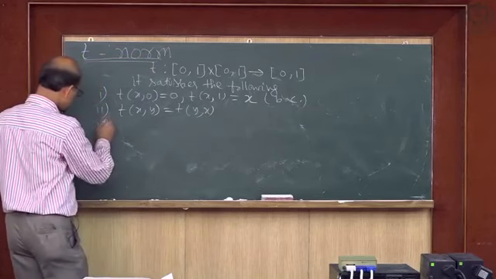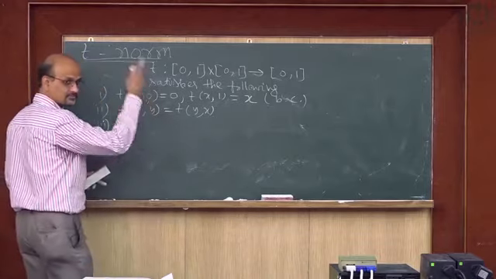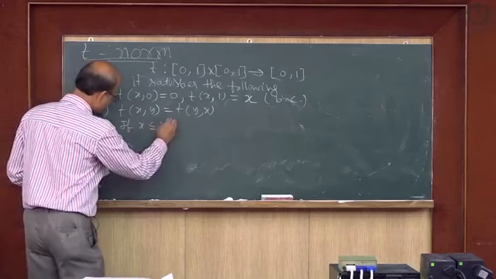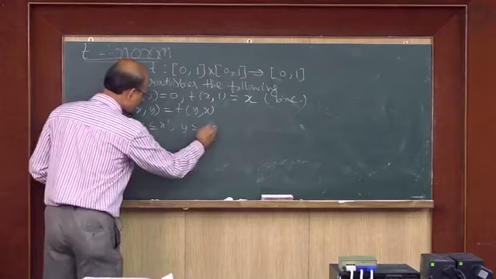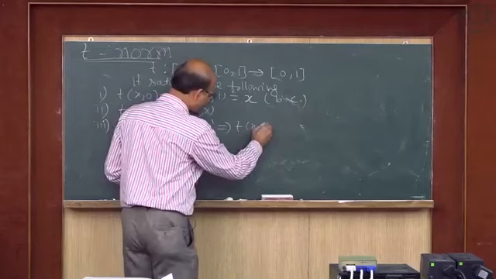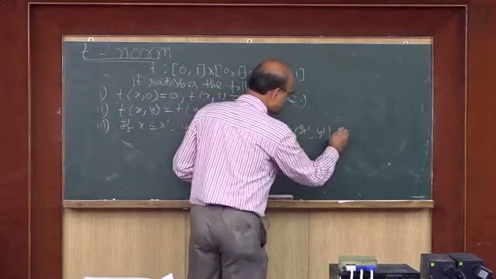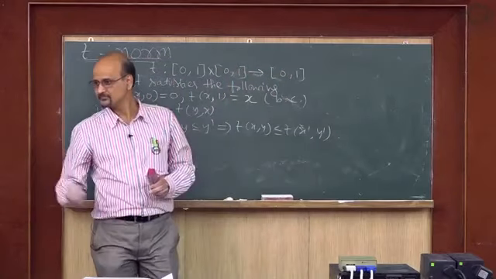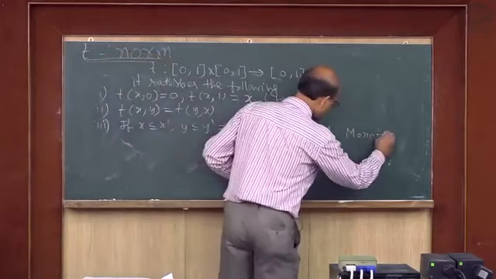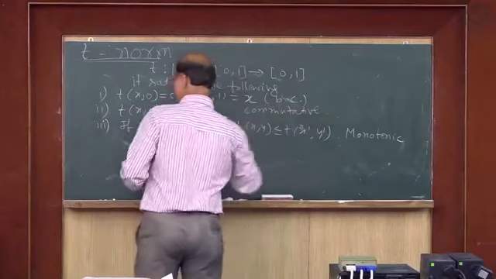Third, if x less than or equal to x dash and y less than or equal to y dash, then we will have t of x y less than or equal to t of x dash y dash, and we know what this is? Monotonic. And this is your commutativity. Okay?